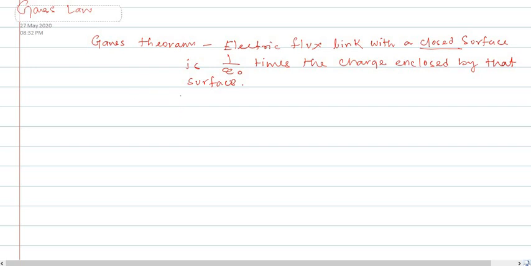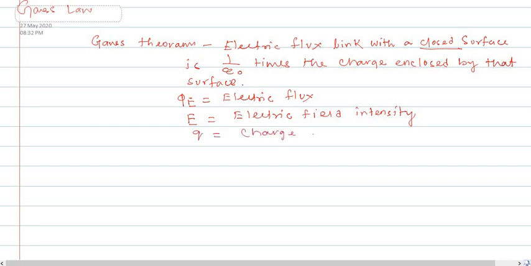Now you see, phi E is equal to electric flux, E is the electric field intensity, and Q is the charge enclosed by surface S1.